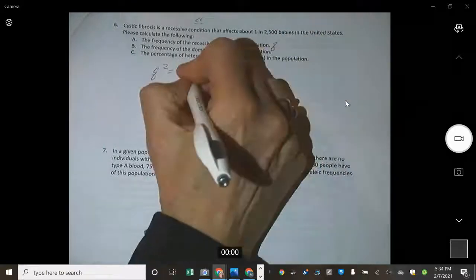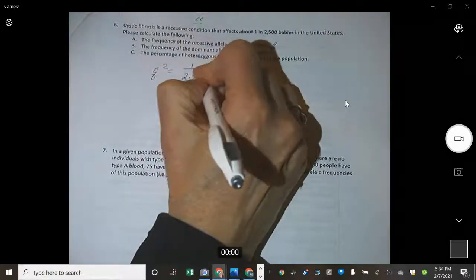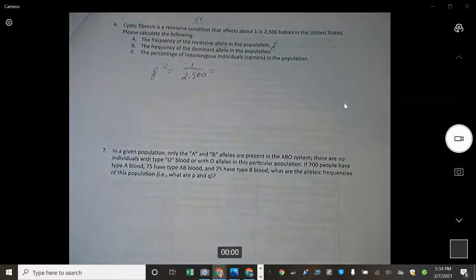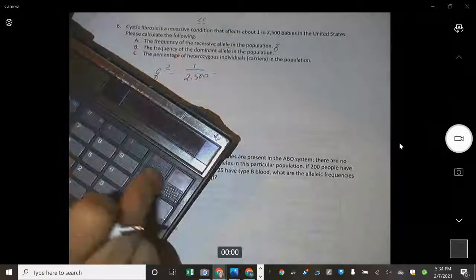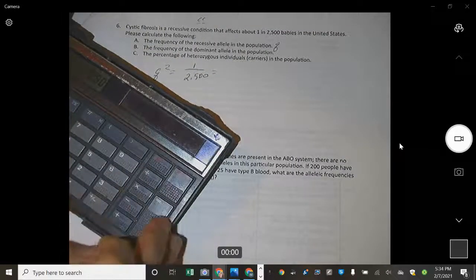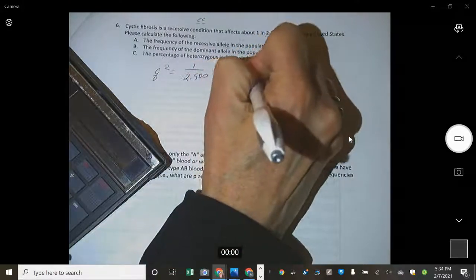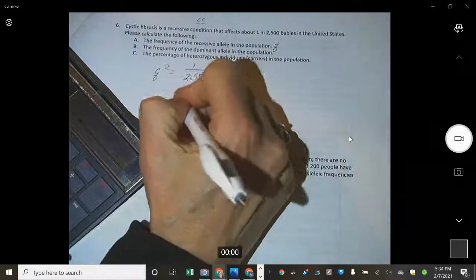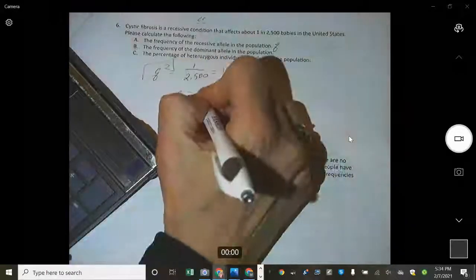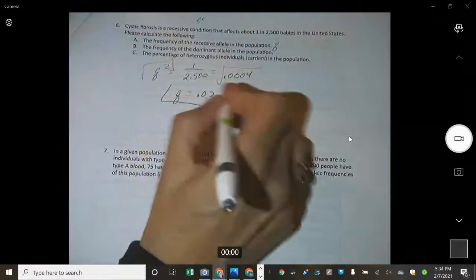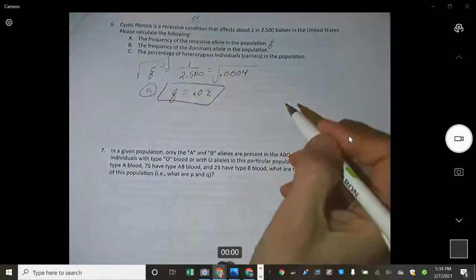It's 1 out of 2,500, right? So 1 divided by 2,500 is going to equal 0.0004. And then if I want to find Q, that's the square root of both of them, right? So the square root of that is 0.02. So the frequency of the recessive allele in the population, that was the first question, is 0.02.